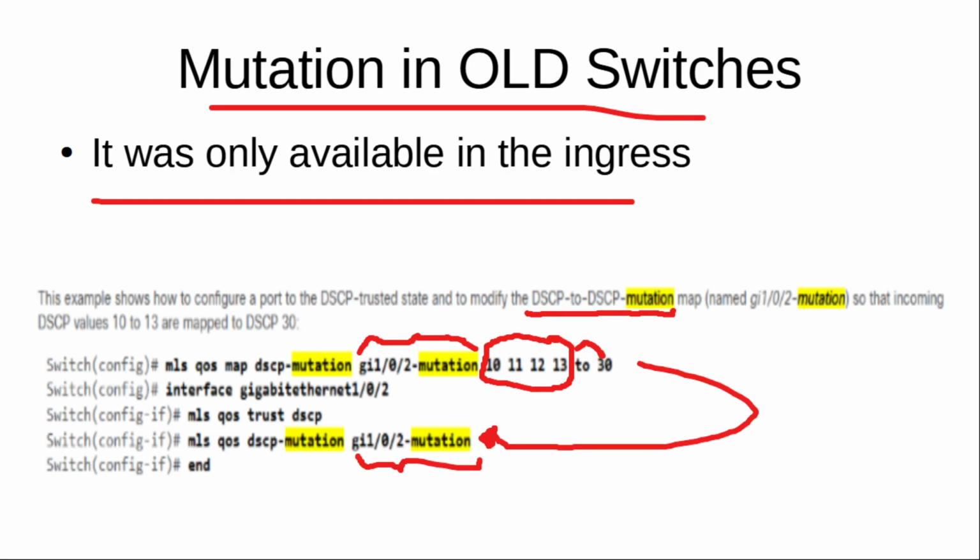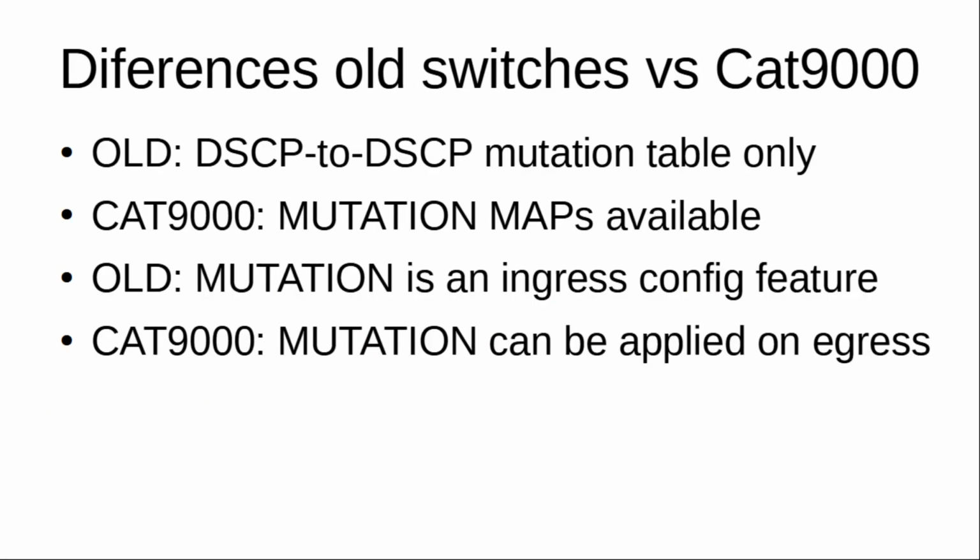So let's compare how the mutation feature has evolved. In old switches, we only have a DSCP to DSCP mutation. It was not a table, it was named a map, mutation map. And then with Catalyst 9000, we have mutation maps with several types of combination.